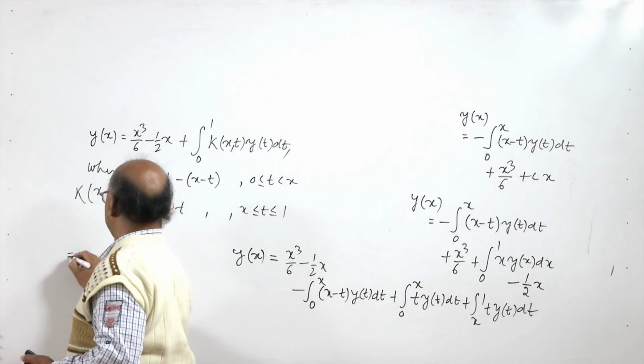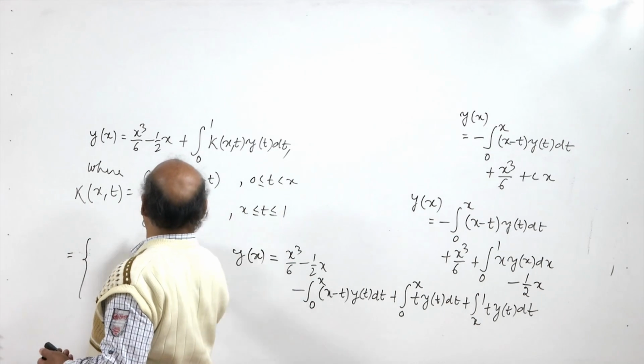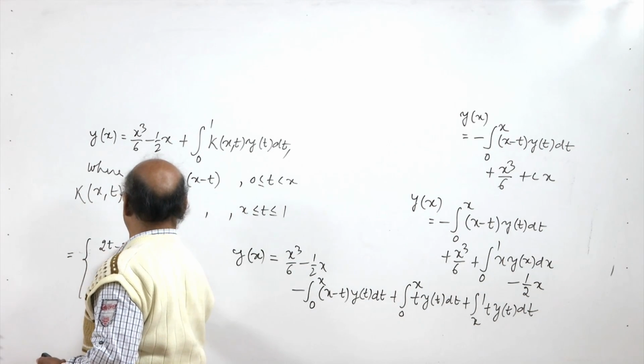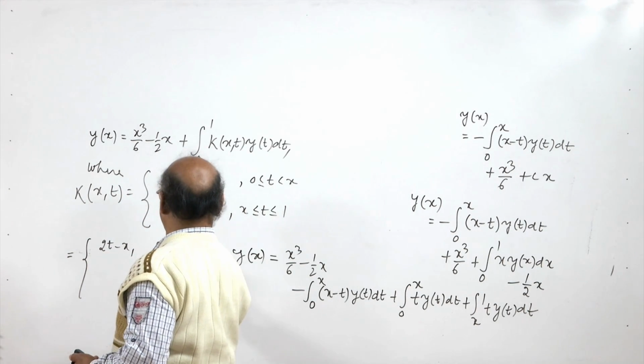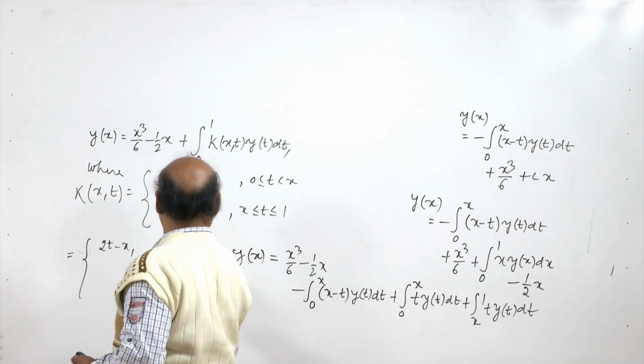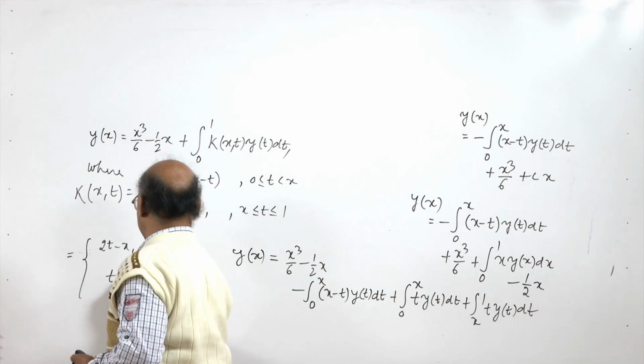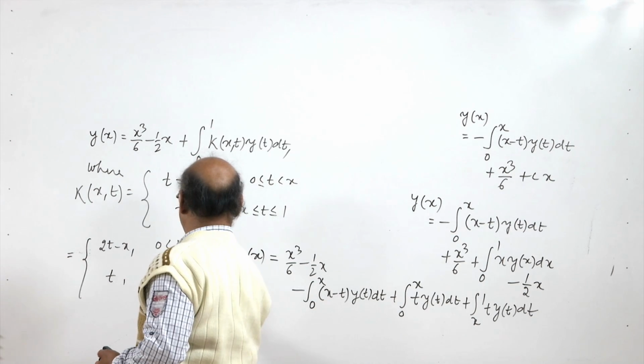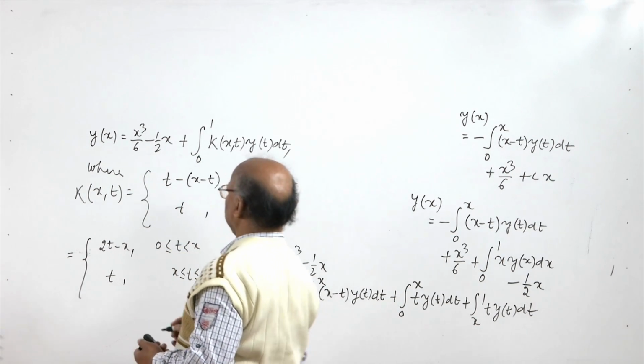This is nothing but 2t - x for 0 less than or equal to t less than x, and t when x is less than or equal to t less than or equal to 1.